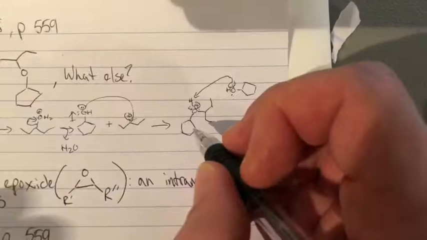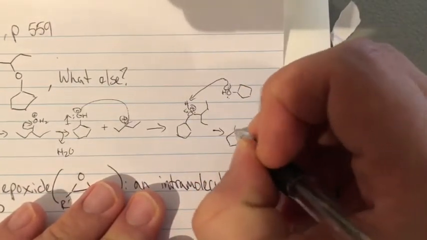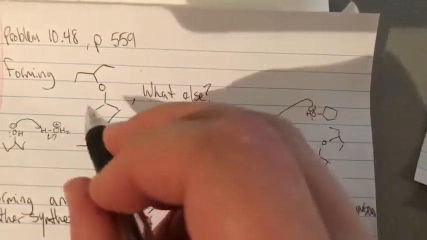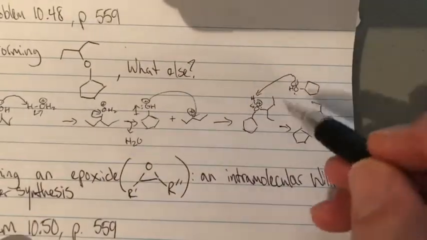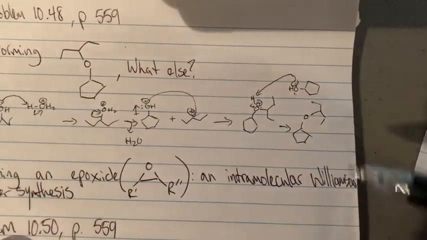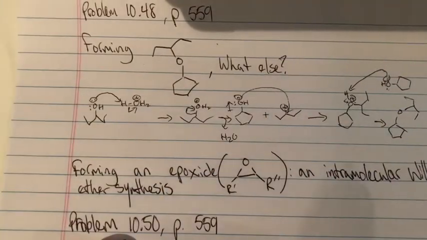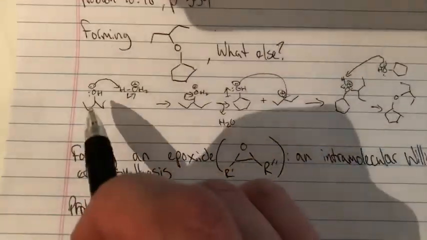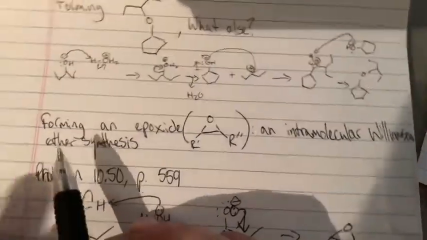Then you're going to get your stable neutral species. Same thing as we have up here. So you can just envision a condensation here with 2 cyclopentanols. Same goes with 2 equivalents of 3-pentanol. Sorry, not cyclopropanol, cyclopentanol. So 3-pentanol, cyclopentanol, just for the record.